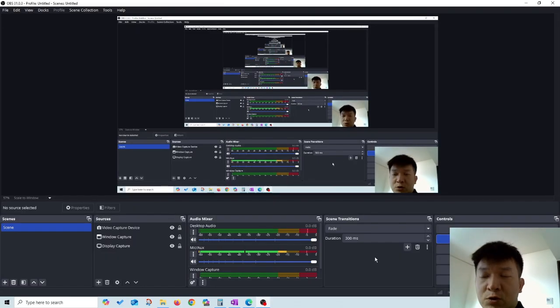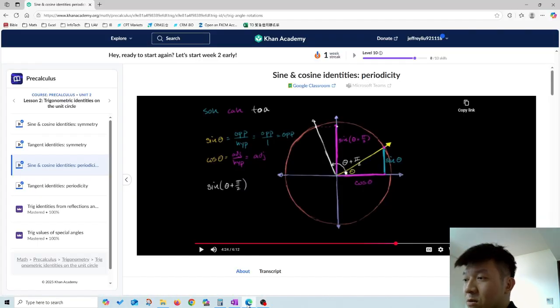Alright guys, so we're doing the identities. This is like the opposite identities. For instance, you have an angle right here, theta, and you want to form a right angle on top of this yellow line, against the white line right here.